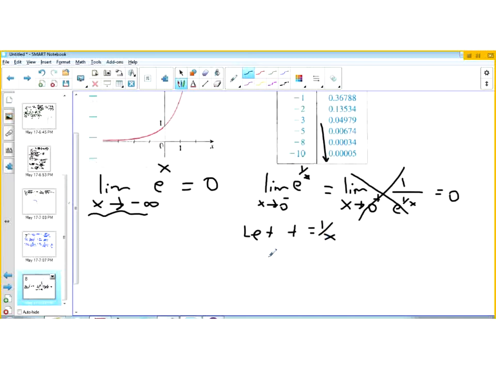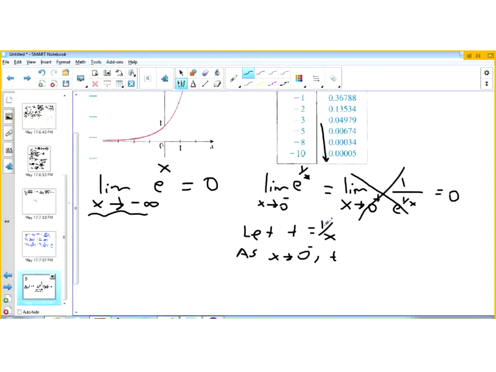Now, as x approaches 0 from the left, what happens to t?